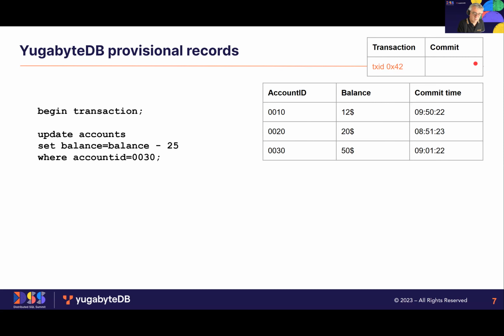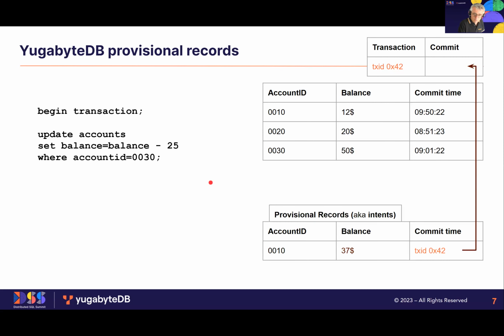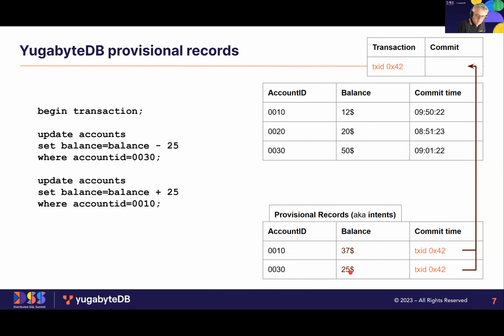The transaction just started. And then all the changes to rows and columns are not done within the real database, the regular database, but recorded as provisional records, transaction intents, in another small database. So my updates go there.